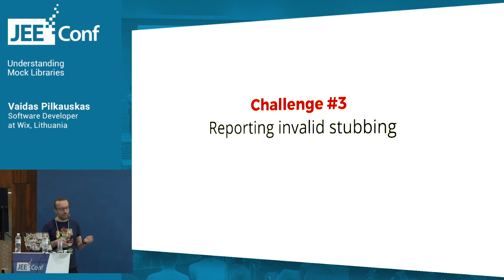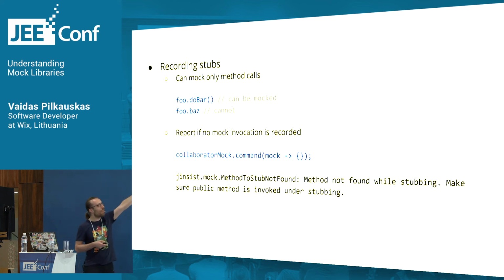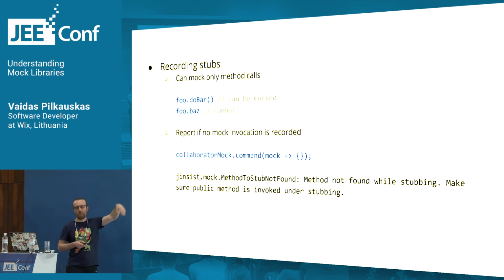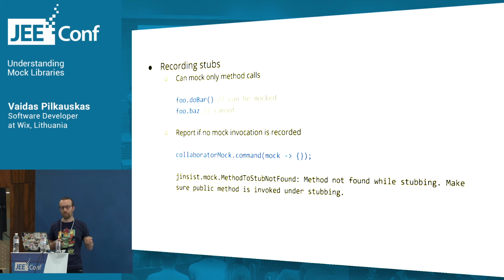Okay, another challenge, reporting invalid stubbing. For example, in a lambda, you can write something which is not even related to a mock that I'm trying to stub or query. For example, I can call a field, and that field, neither in Mockito nor JMock, can be mocked. The problem is that I want my user to know about it, and this is what I was aiming for with my implementation.